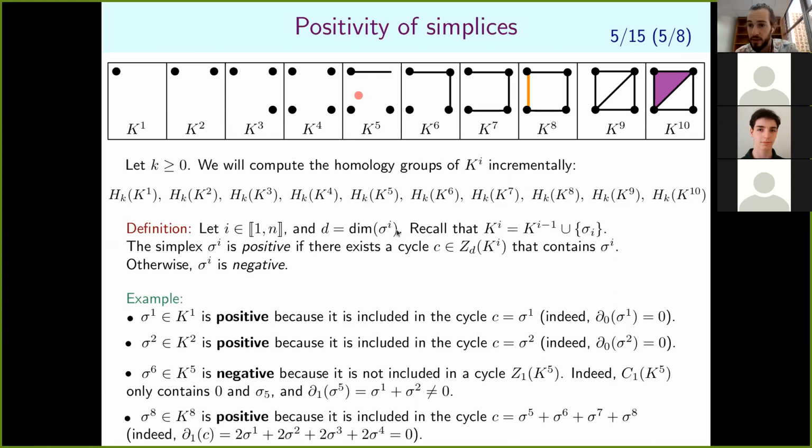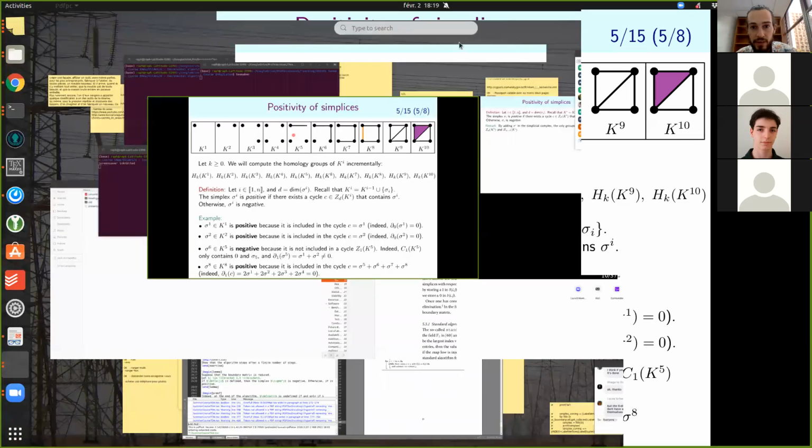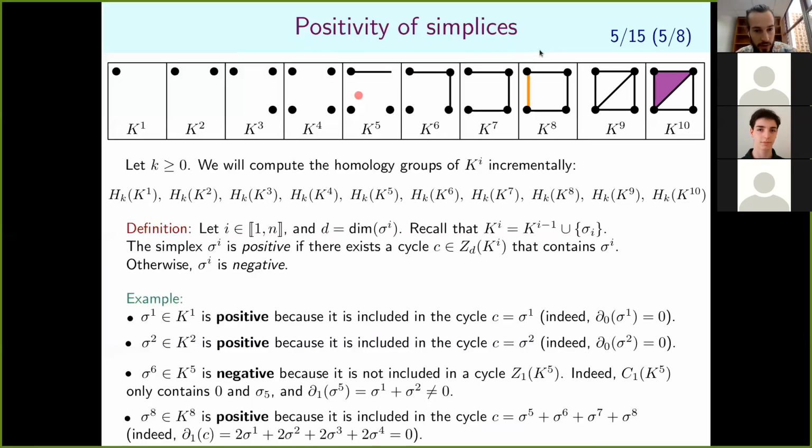Sigma 8, this is a positive simplex. Indeed, I can find a cycle that contains sigma 8, and the cycle is this one, C equal to the sum of the 4 edges. And as we've seen yesterday, when you compute the boundary of such a sum, you have vertices that cancel.